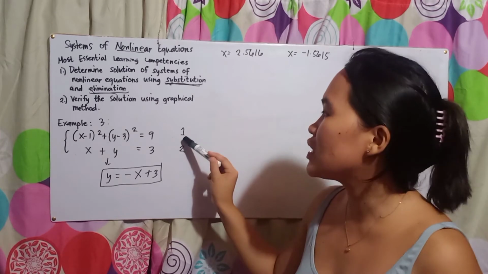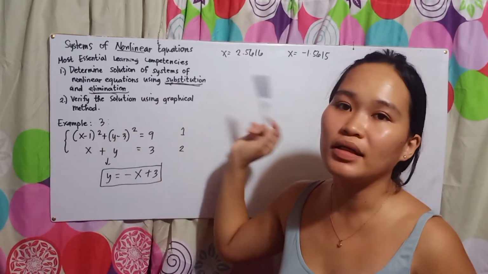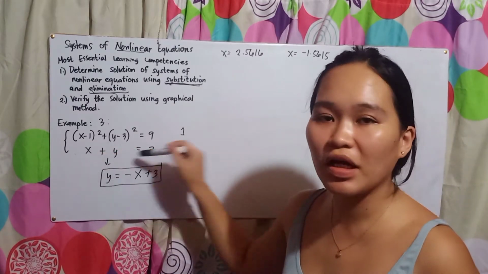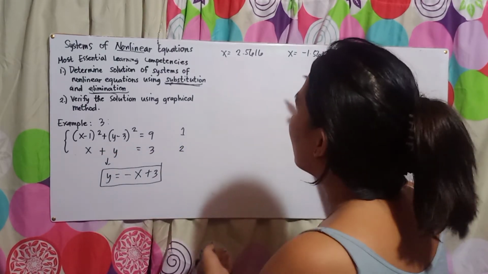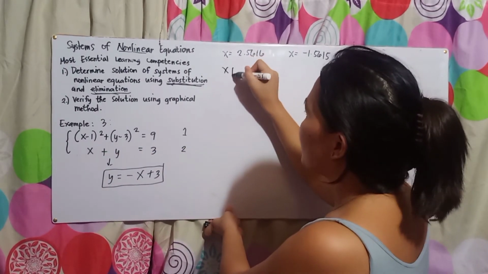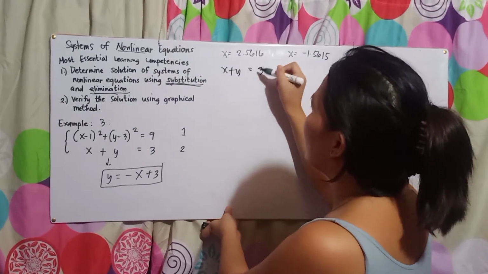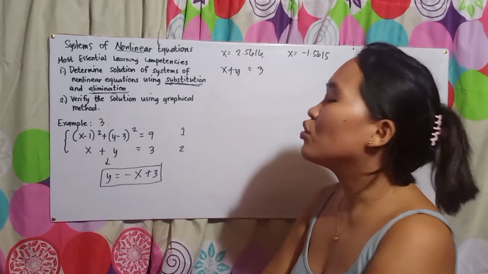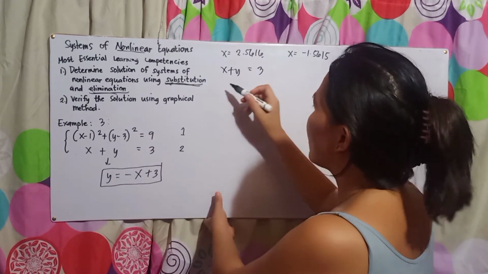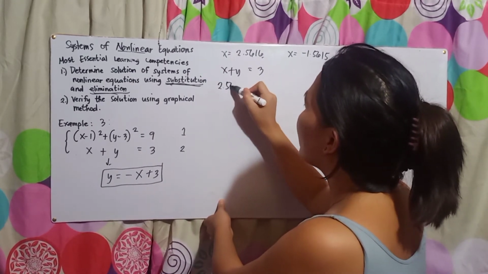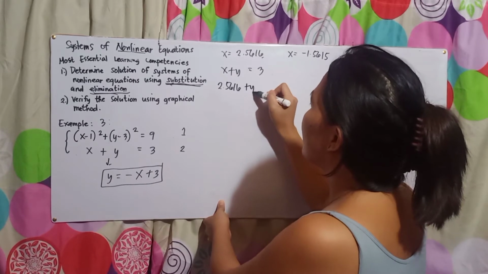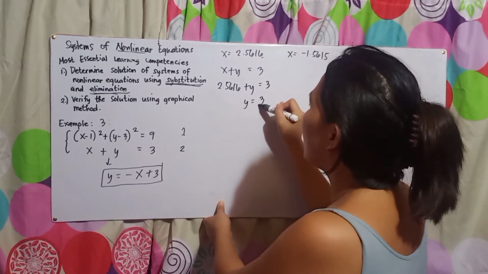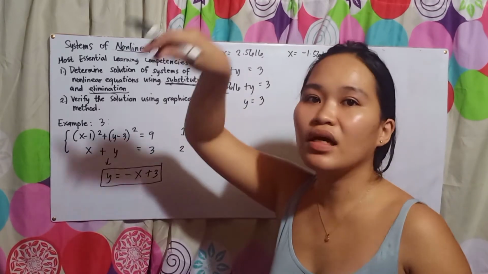So, pwede po i-substitute siya sa equation 1, same gihapon ang result. Pero mas sayon man ang equation 2, so kanang atong gamiton. So, x plus y equals 3. So, ang na-solve na value sa variable x is 2.5616. So, i-substitute. 2.5616 plus y equals 3. So, y equals 3, kani ibalhin sa right side.